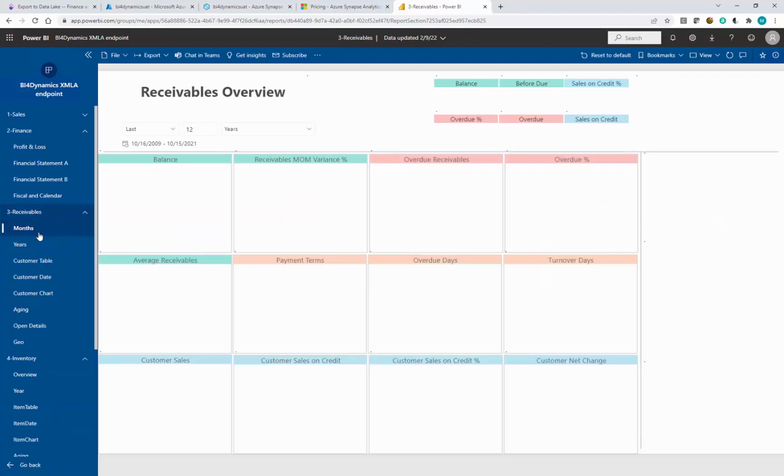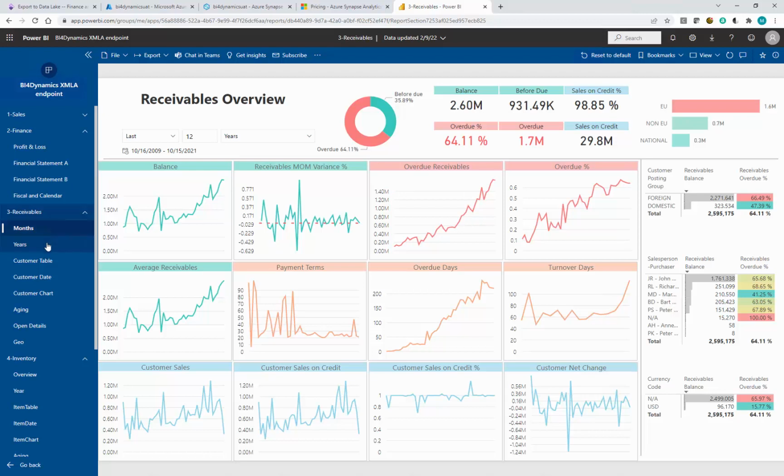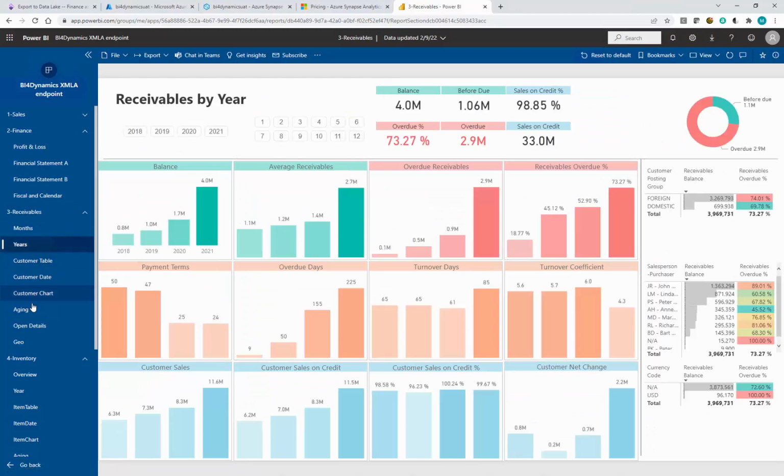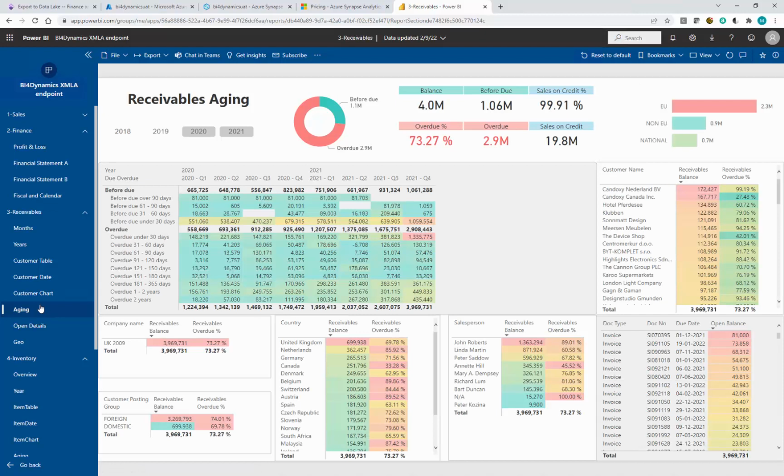Now, in most cases, the KPIs that we have in BI4Dynamics do not require any explanation, are easy to consume, and also the navigation through the reports is simple. So if we see here, this is receivable aging by aging buckets over the 2 years that we selected.